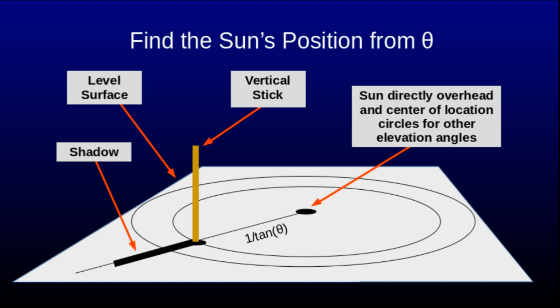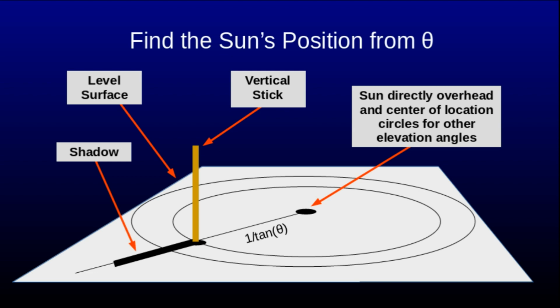So here's how we'll do that. We'll have the stick and the shadow with which we've determined theta. We'll extend the shadow past the stick along the line in the same direction that the shadow falls, but we'll extend it in the opposite direction past the stick by that distance, 1 divided by the tangent of theta map units.